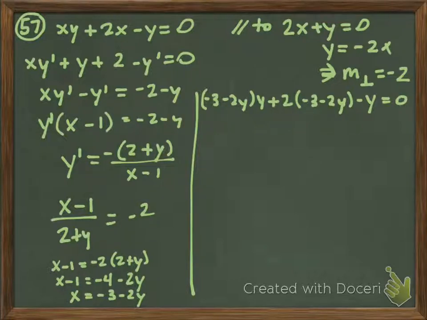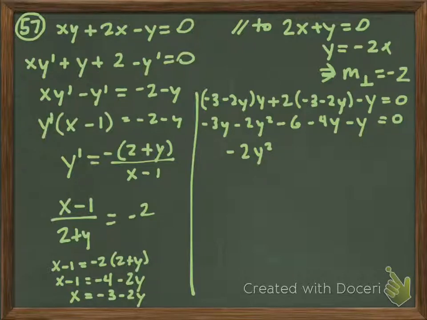Then I clean up, and I get negative 3y. That's terrible. Let me fix that. Negative 3y minus 2y squared minus 6 minus 4y minus y equals 0. Then I get them all together. So I'm going to pull my negative 2y squared up front because it's my square term, and then I've got a negative 3y minus 4y is negative 7y minus y is minus 8y minus 6 equals 0.